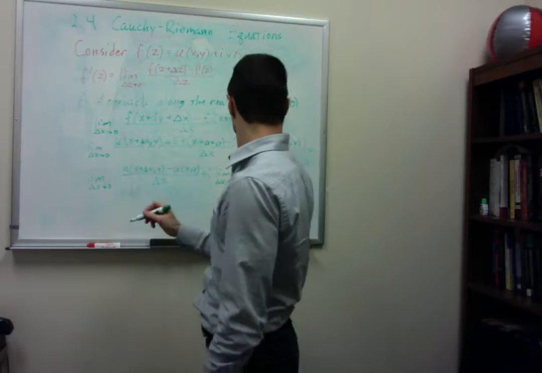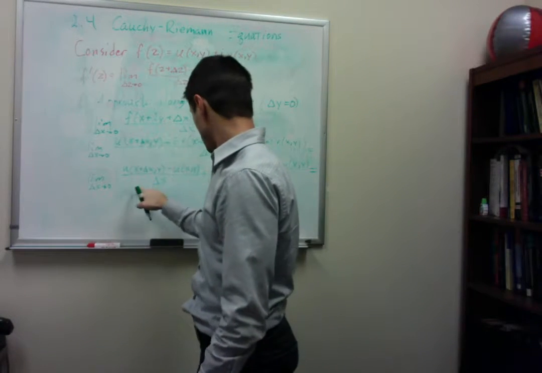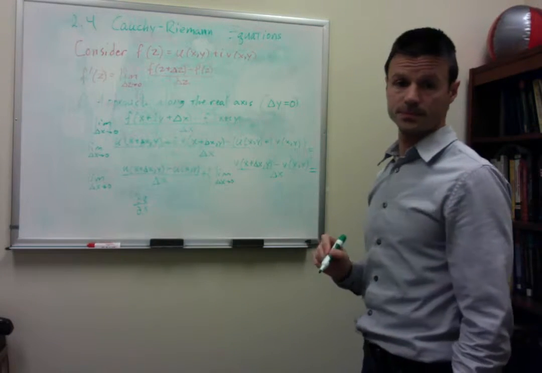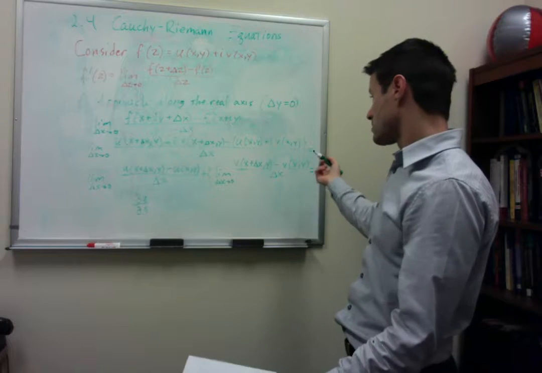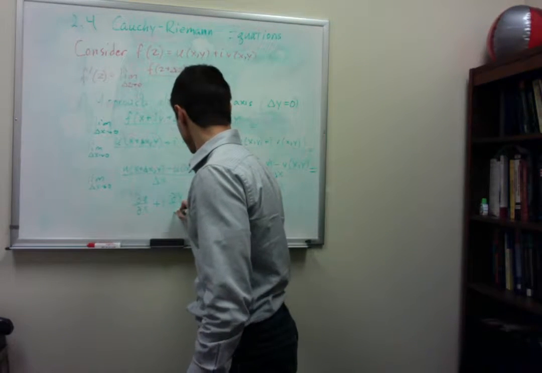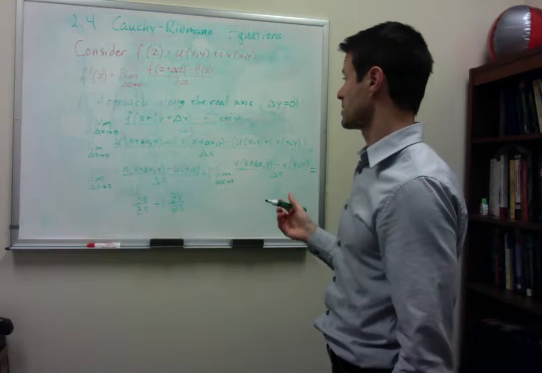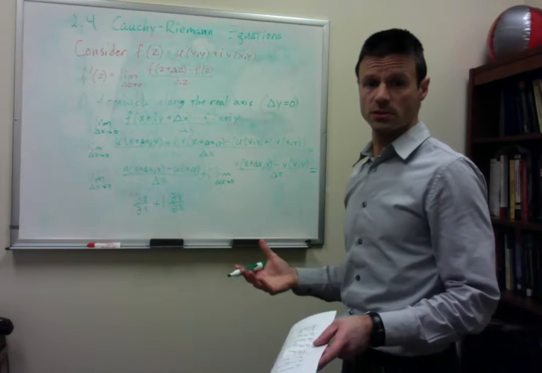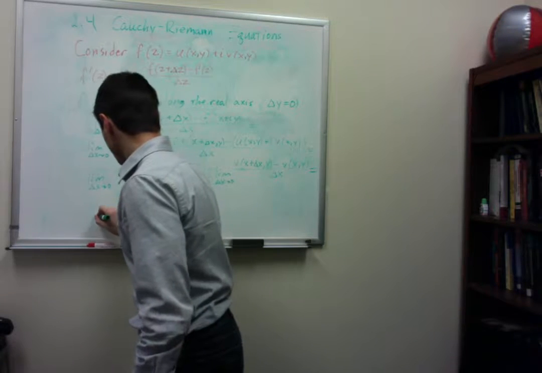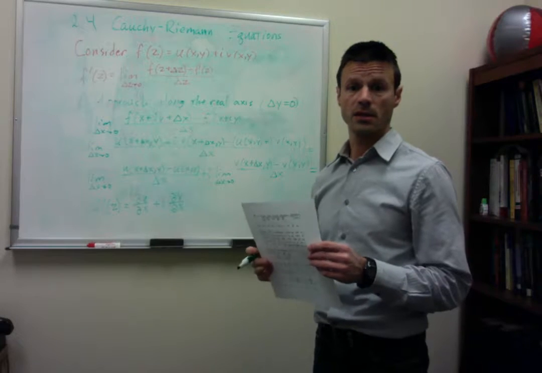So this first limit is du/dx, and the second limit is dv/dx. So we have that this limit, where we approached along a horizontal axis, is f prime of z. So this is an expression for f prime of z.